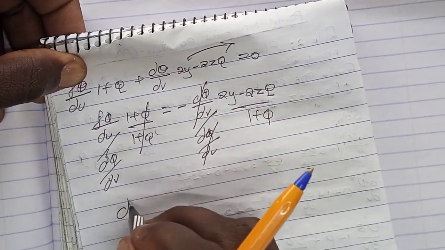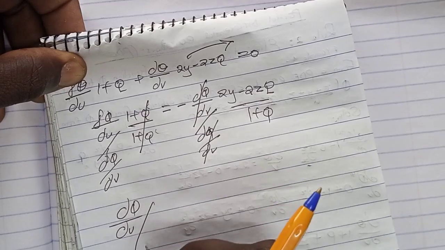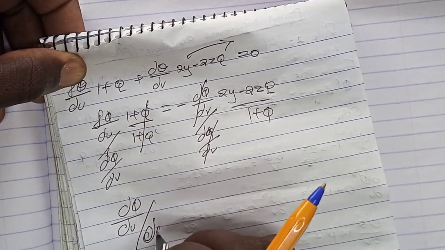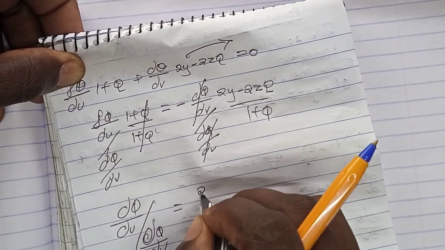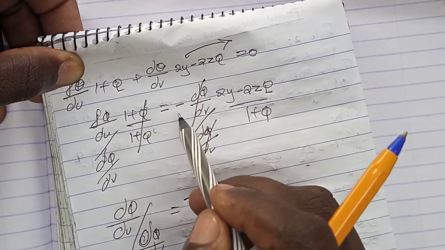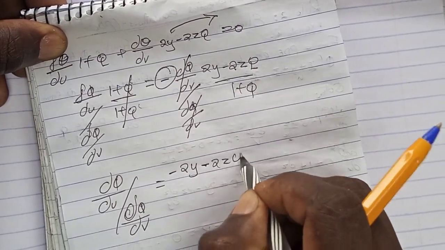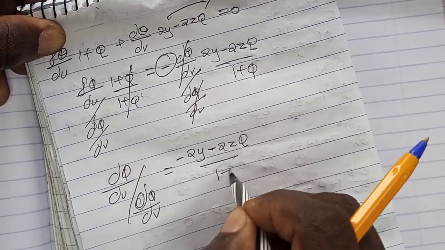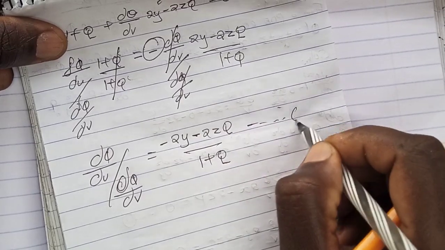So we remain with partial of the function over partial u, v is equivalent to negative, negative because of this one, 2y minus 2zq over 1 plus q. So this is our equation 6.